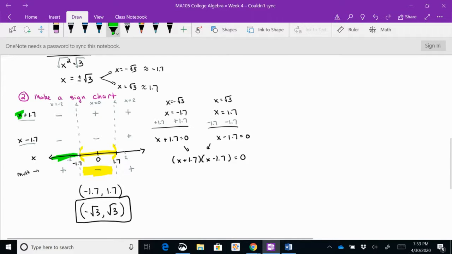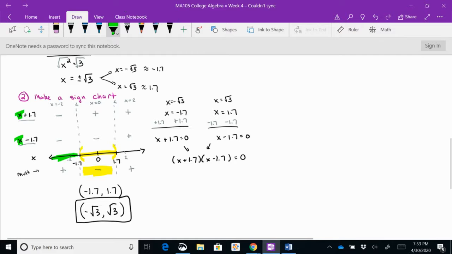You plug negative 2 into x for your two factors, and then you write down the sign of the answer that comes out. I got negatives both times, from negative 2 plus 1.7 and negative 2 minus 1.7. Then you multiply going down, and negative times negative gives you a positive.